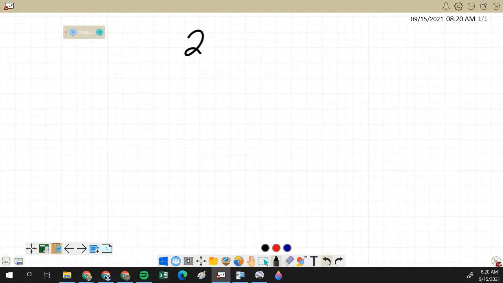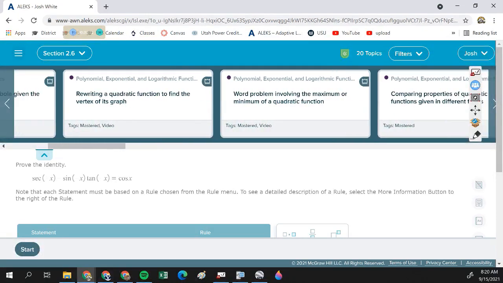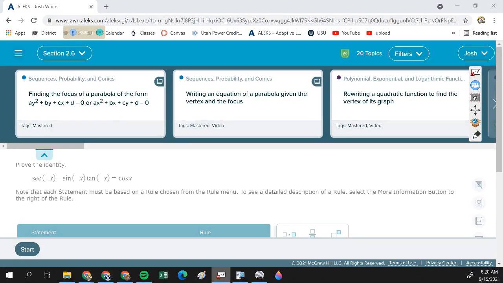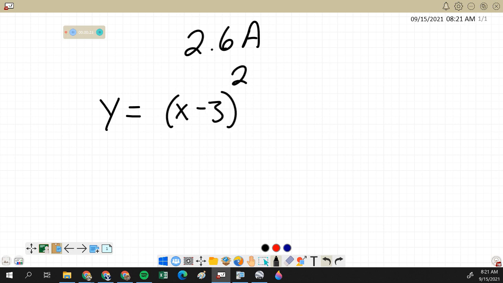We are doing 2.6a, and it deals with graphing parabolas. So, actually, let's start over here. If I had y equals (x minus 3) squared plus 2, what is that going to look like?